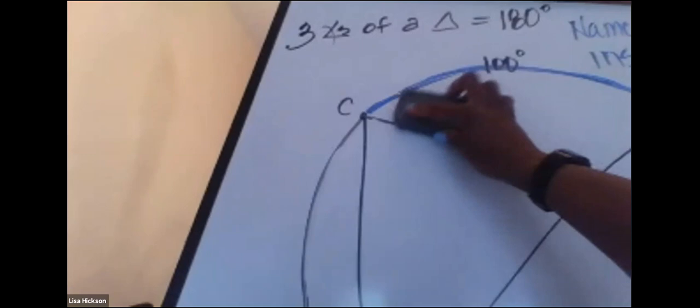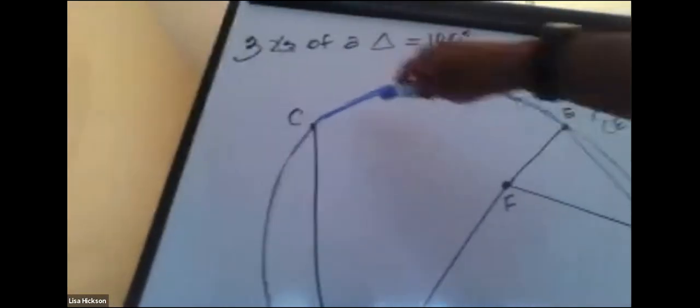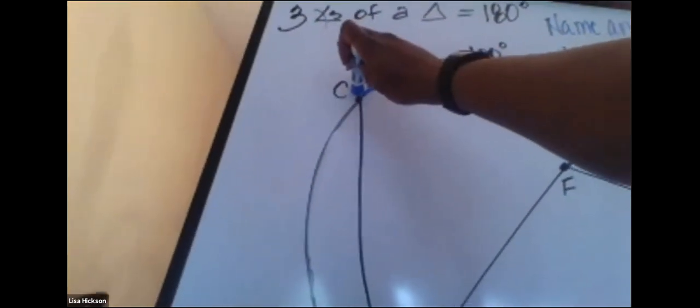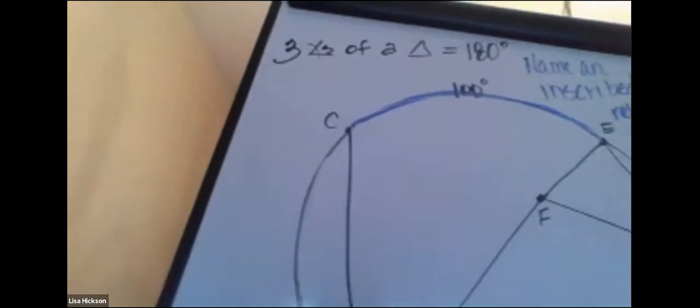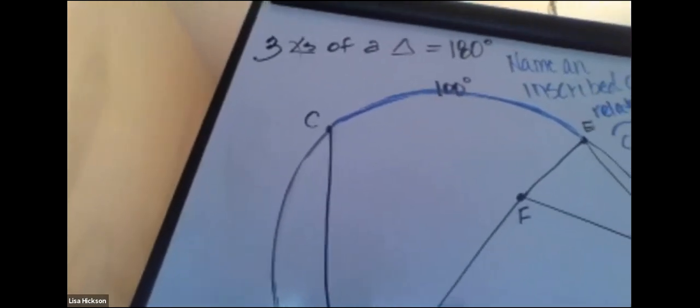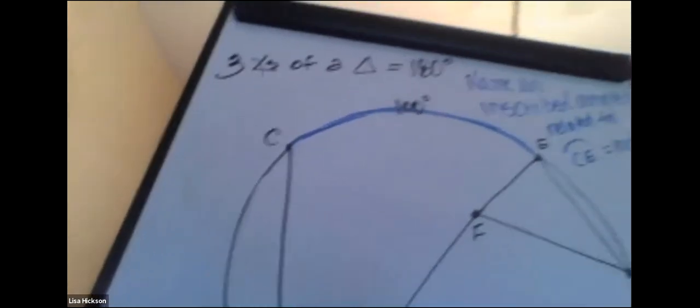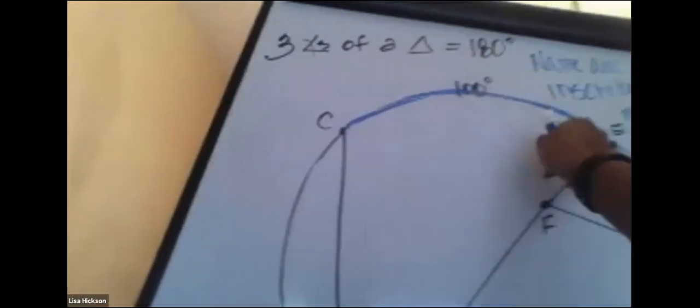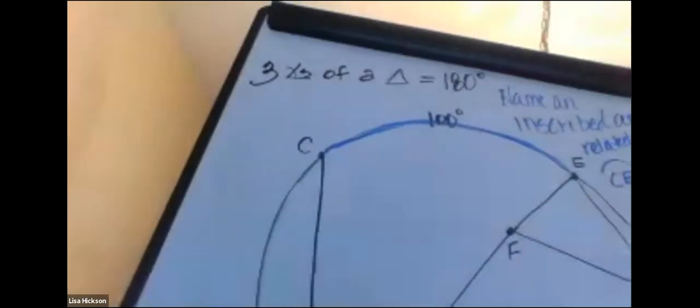So if that line wasn't there, bam, you have an inscribed angle, starting at C, going down to D, and coming up to E. That's one inscribed angle that's related to that arc.